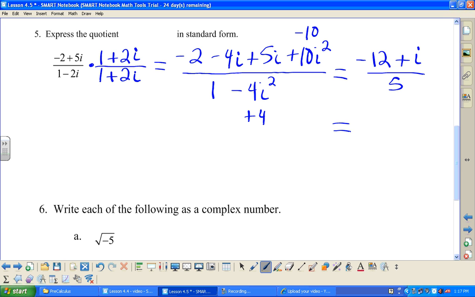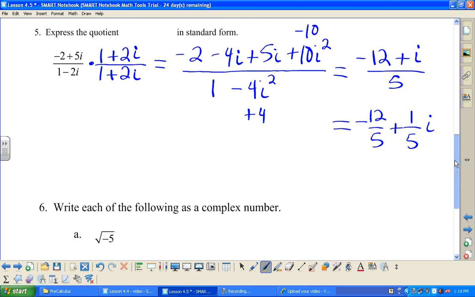So when I write my answer, I'm going to write it in the form a plus bi, which means that I have to separate this fraction, write it as 2 separate parts. And there is expressing a rational complex number, finding the quotient of it. So basically we're dividing and putting it in standard form.